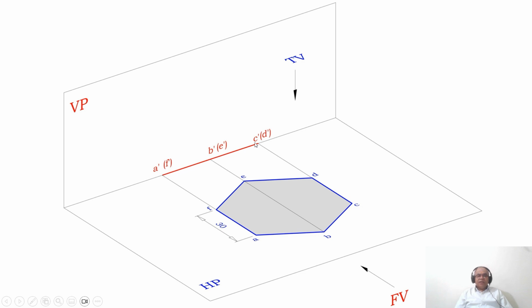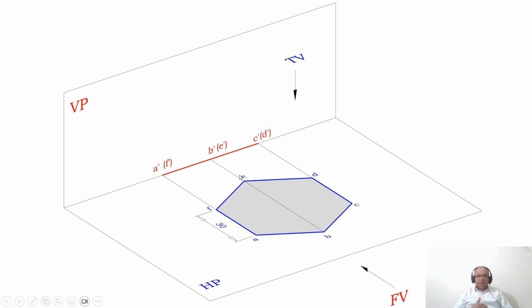Since those sides are parallel to HP, you are getting the true length in HP. So what is the true length of the side? It is the regular hexagon of side 30 mm. That means the side AB equals BC equals CD equals DE equals EF equals FA, which is equal to 30 mm.